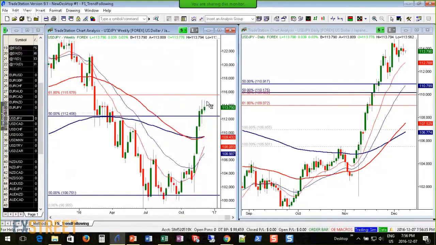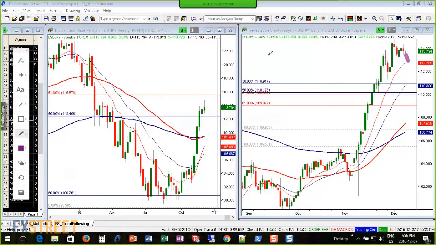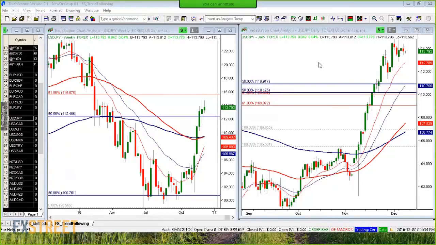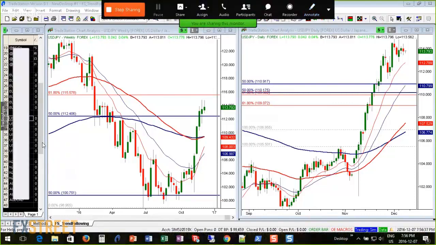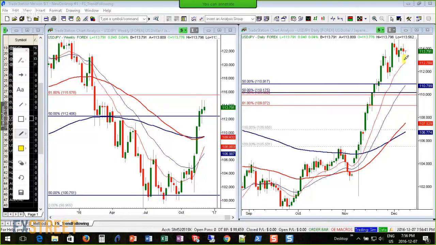Either this market continues higher into that level and then it starts the reversal, or this market starts the reversal, and has maybe already started it here, we don't know, which could bring price into the next area of support, starting at 110.90 and going down into 109 area here.